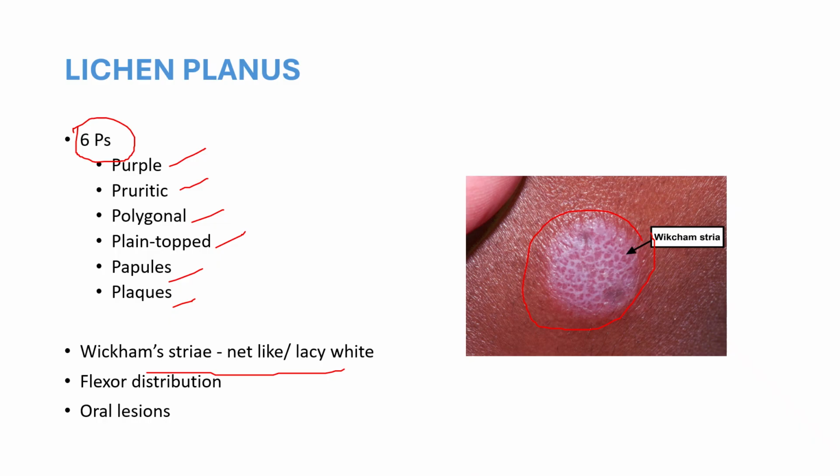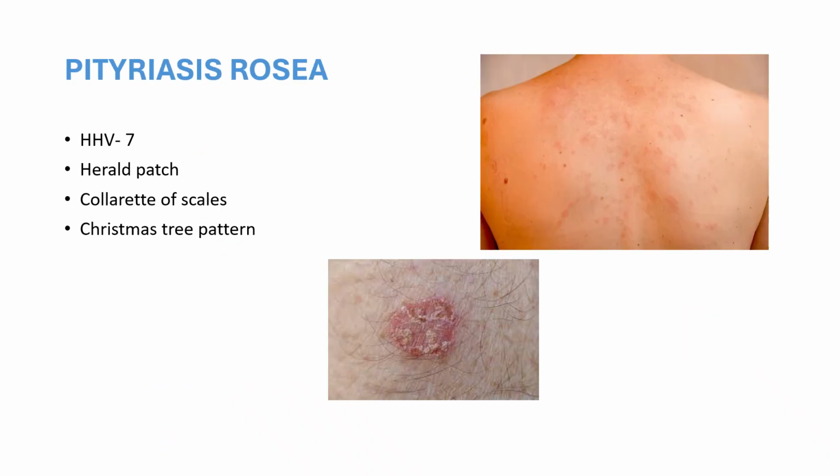Again, it's in the flexor distribution, unlike psoriasis. Psoriasis, mainly common psoriasis or psoriasis vulgaris, was in the extensor distribution, and lichen planus can also have oral lesions. Okay, so that is lichen planus. Usually you will be asked to just diagnose it as lichen planus.